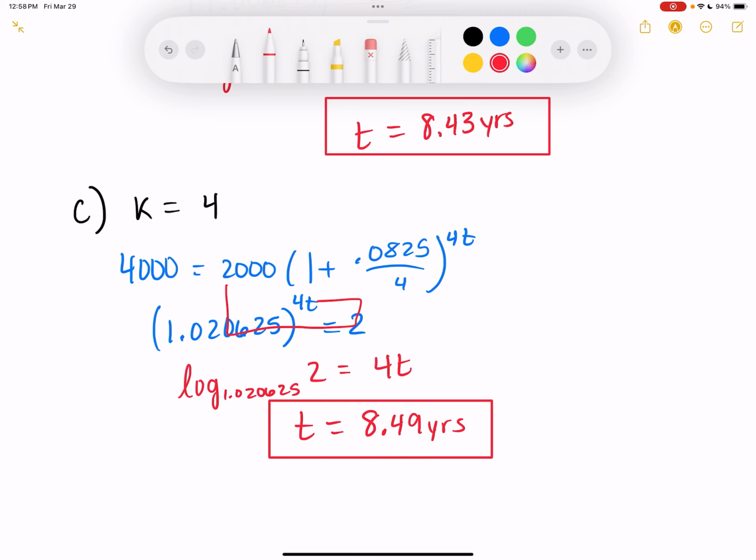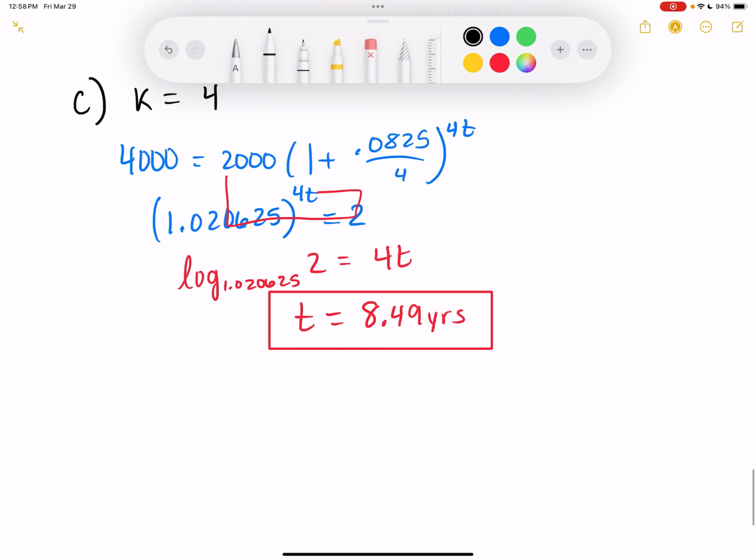Now the last one says continuously. So that's a different formula altogether. It's the formula A of t is equal to A sub 0 e to the RT.